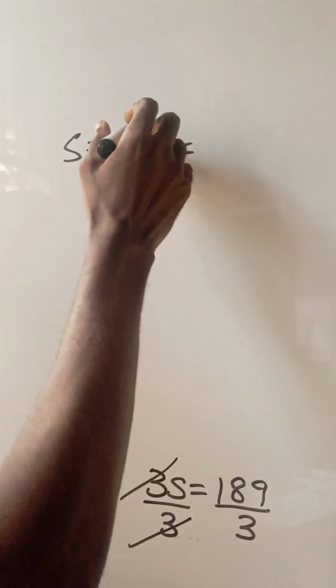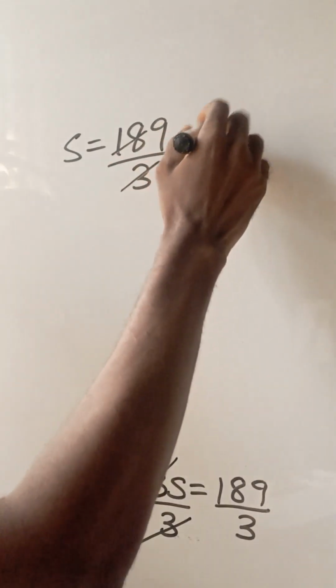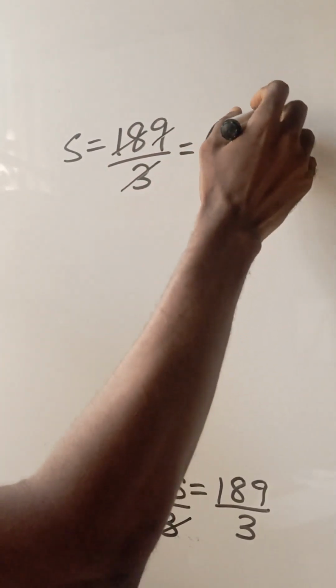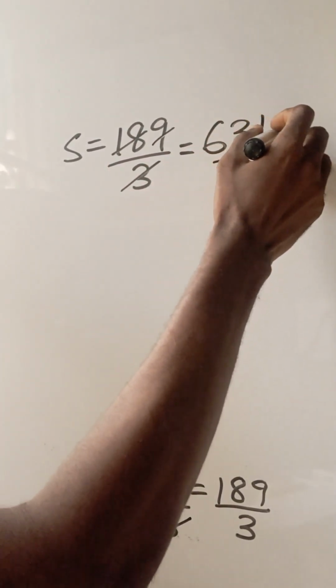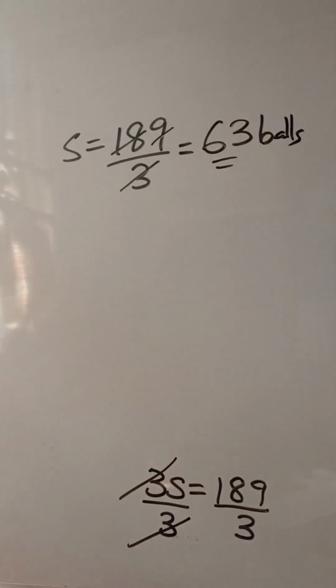So 3 into 18 is 6. 3 into 9 is 3. So we have 63 balls.